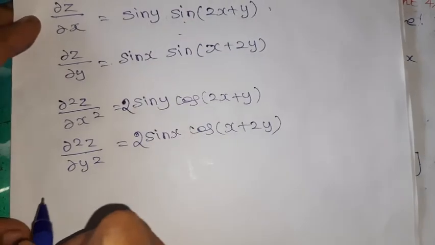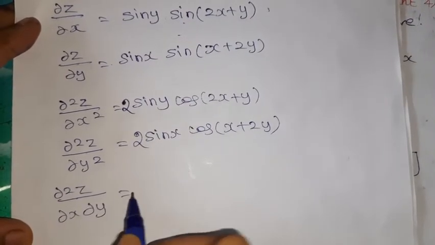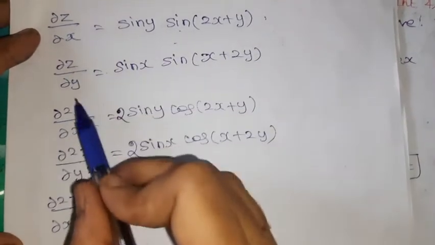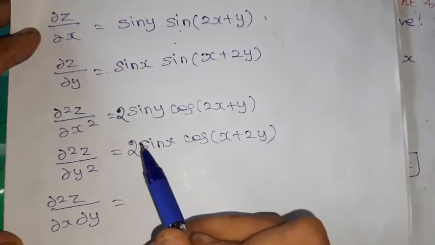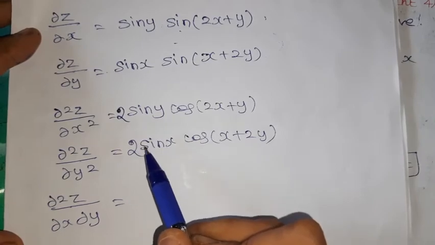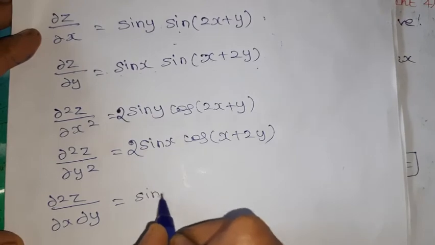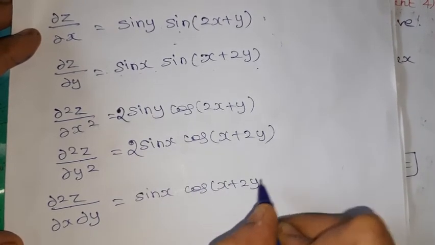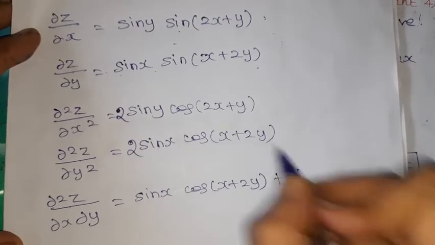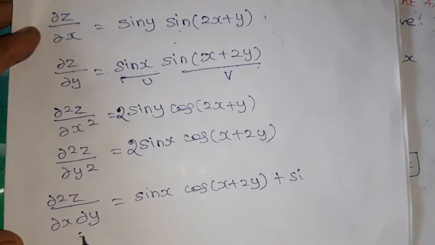Then we need to find out dou squared z by dou x dou y. So dou z by dou y, this term again differentiating with respect to x. So this is of the form uv: sin x and cos of x plus 2y, plus sin of x plus y, right? We are just differentiating with respect to x.